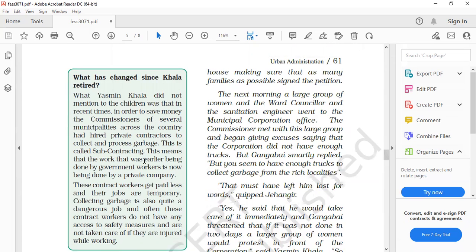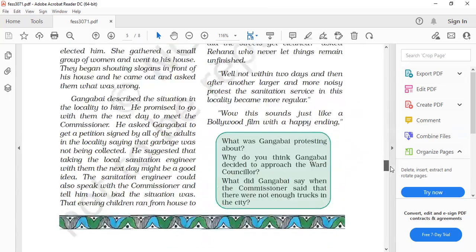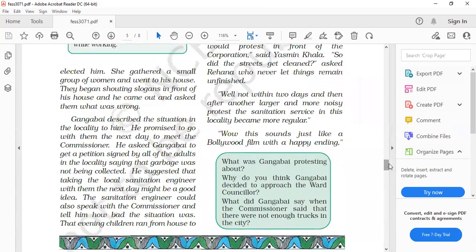How they solved the problem, like signing petitions and everything, you will get below. Not many questions come from this area, like petitions. They make a group, sign petitions and make a complaint. So you can take one or two lines from here to make your answer more beautiful.